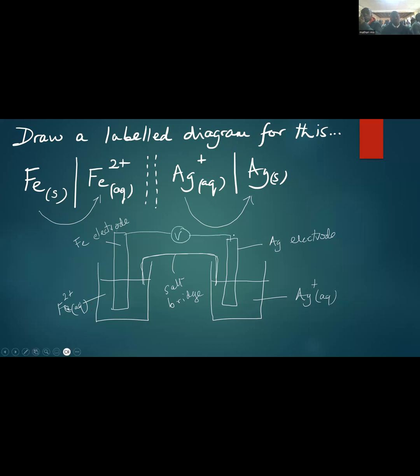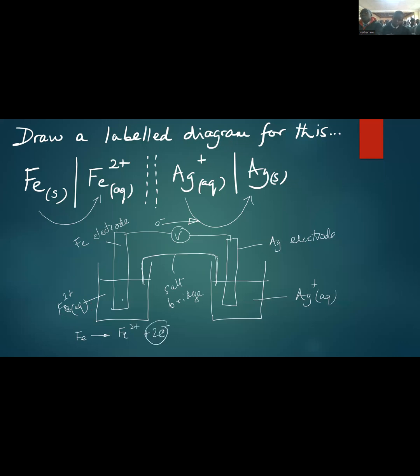Because you have drawn it like this is quite helpful, because now I can tell you something. And that is that the electrons always move this way. So in other words, the Fe turns into Fe2+ and drops off electrons.